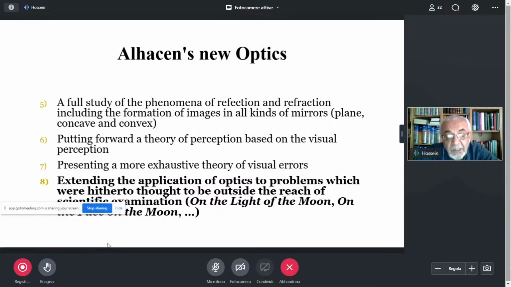With these new ideas, he investigated some problems which had never been subject to a scientific examination before Ibn al-Haytham's new optics.